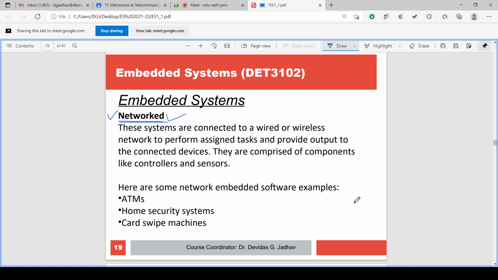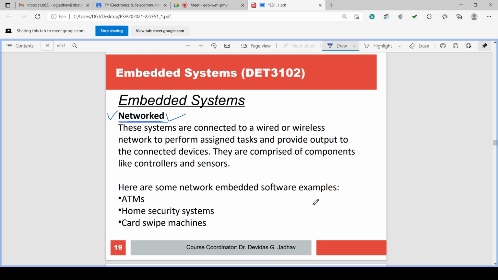Then that command again comes over the wired or wireless network. That network may be wired or may be wireless. And that command is then implemented by the local network node, the local embedded system. So these are called networked. These are not standalone. They are in the network.